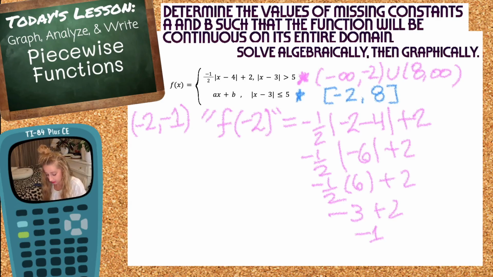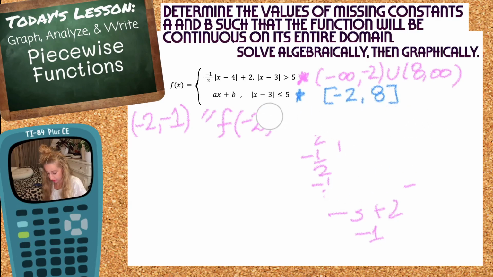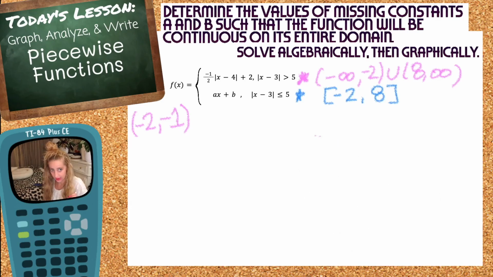So I'm going to erase the work that goes with that now. If you need to watch it again, go back and watch it again. So that -2 is telling me where the open circle gets drawn for the graph going from -infinity till -2. Now on the other side, I'm going to find f of 8, again with little quotes.